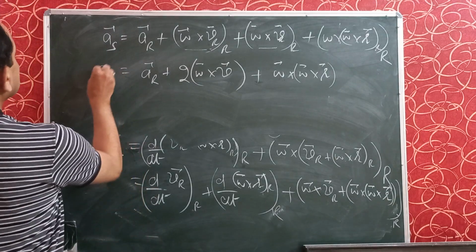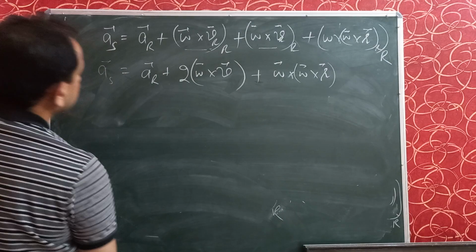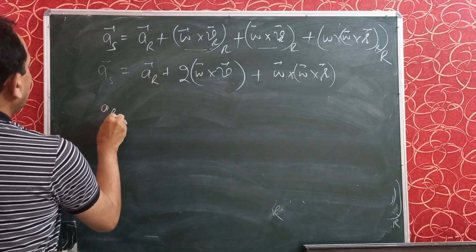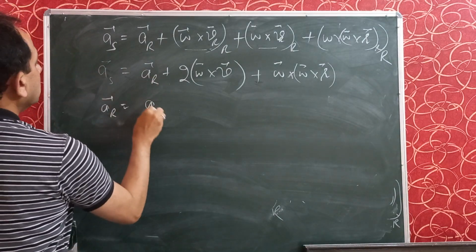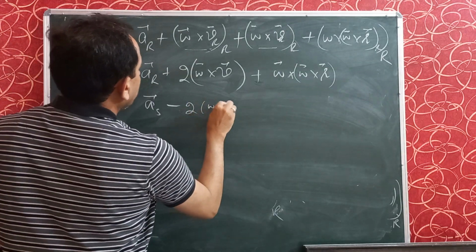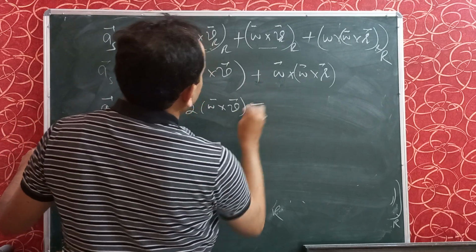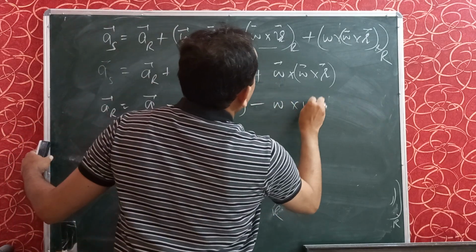So it is As. This may be written as Ar equals As minus 2 omega cross Vr, and this term on the left hand side becomes minus omega cross omega cross r.